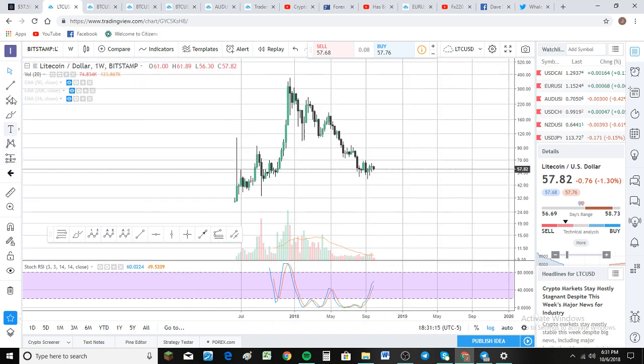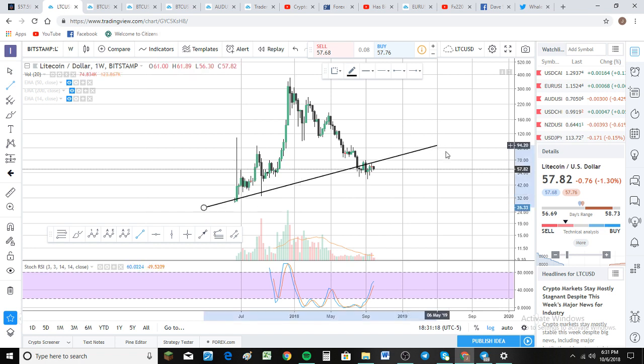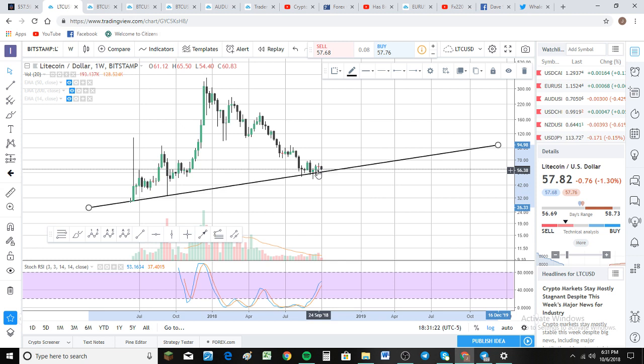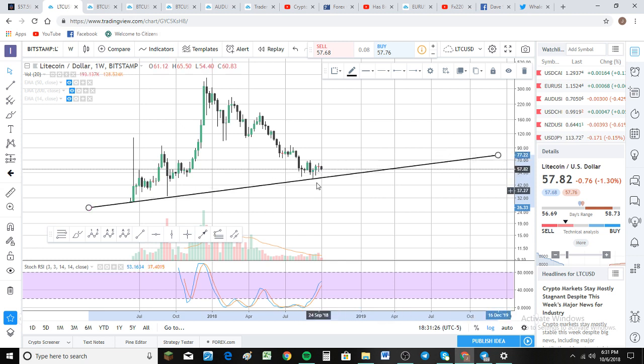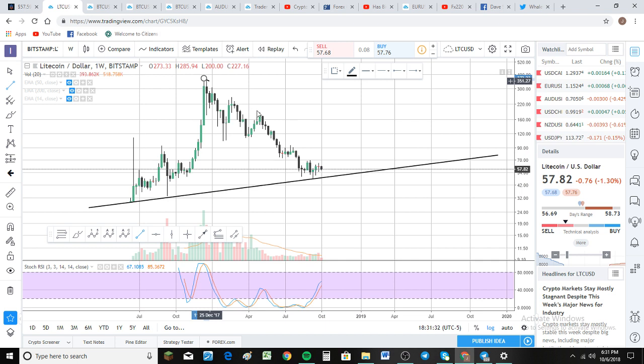This is the weekly. If we draw these trend lines here, we can kind of see that the chances are the bottom is most likely really close to in here as well, at 48. My guess is that if I drew this trend line here, where do you draw that guy?